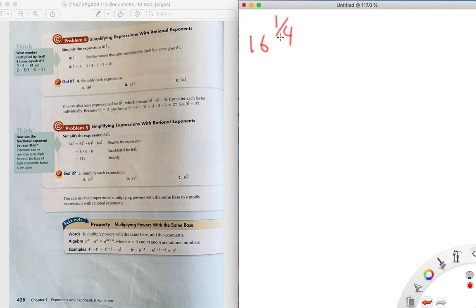And that number is 2. If I multiply 2 four times, I'm going to get 16. Therefore, 16 to the 1/4 is 2, because that's the number I multiply 4 times.